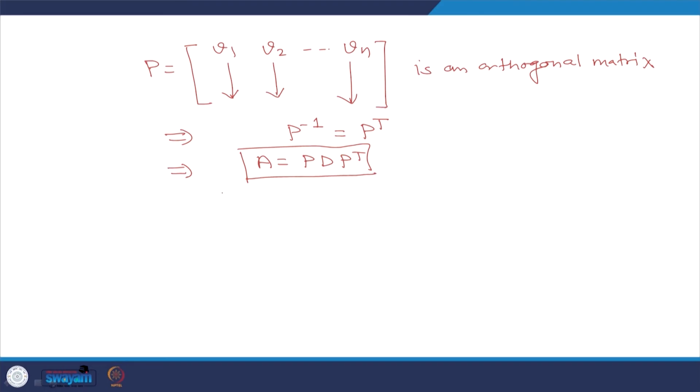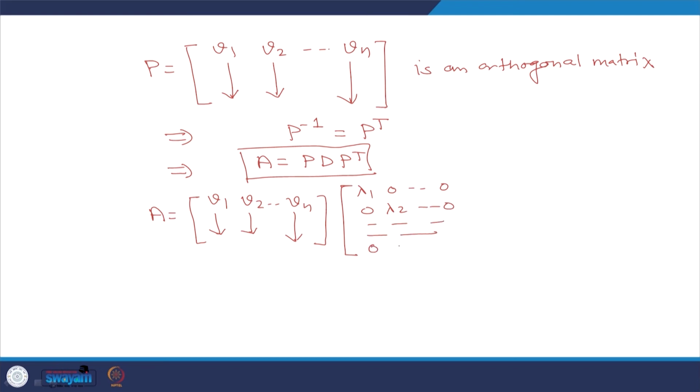Now, I can write A equals V1, V2, up to Vn, then the diagonal matrix D with lambda 1, 0, 0, 0, lambda 2, 0, and so on, and then P transpose, where the first column becomes the first row: V1, V2, up to Vn.